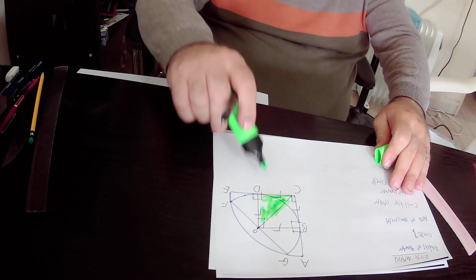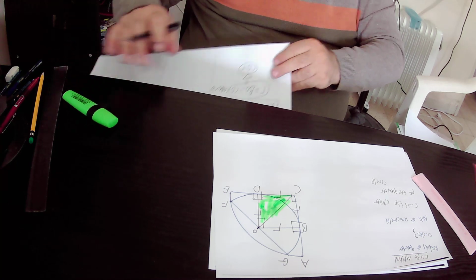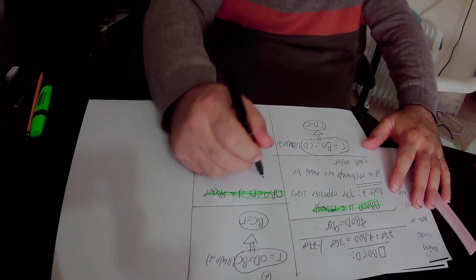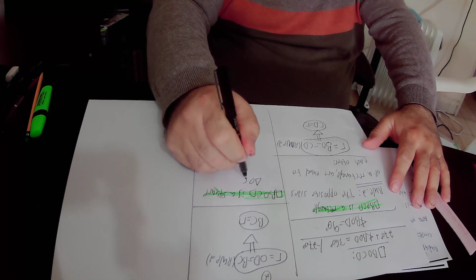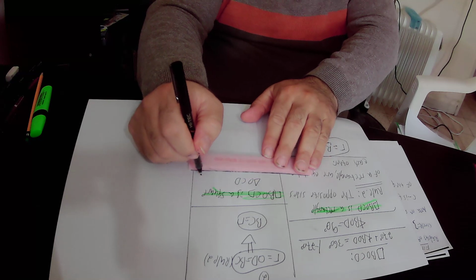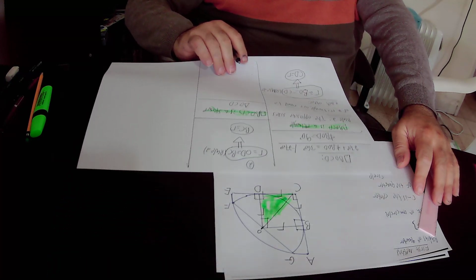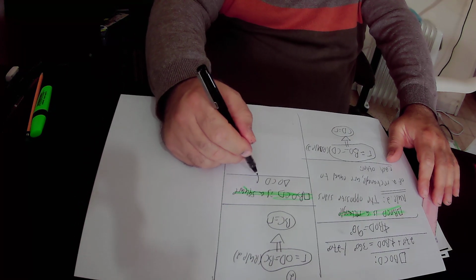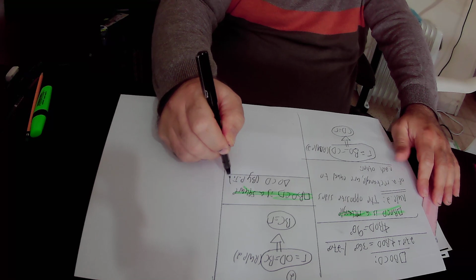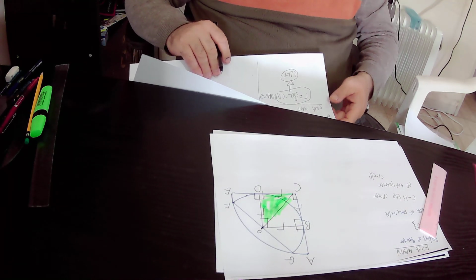So in the green right triangle OCD, according to the Pythagoras theorem, the square of the hypotenuse equals the sum of the squares of the perpendicular sides.